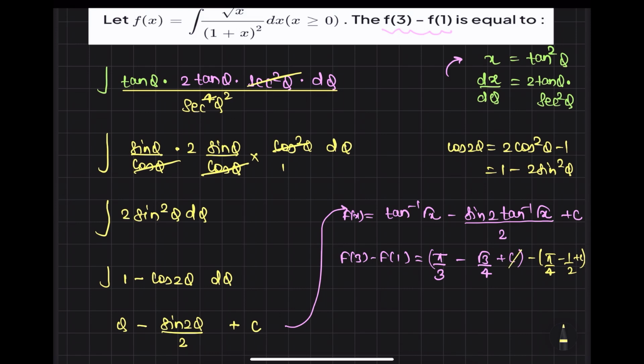So this c will get neutralized and we will be left with 60 minus 45, so it is 15 degrees. 30 degrees is pi by 6, so this is pi by 12. So pi by 12 minus root 3 by 4 plus 1 by 2. So this is the result.